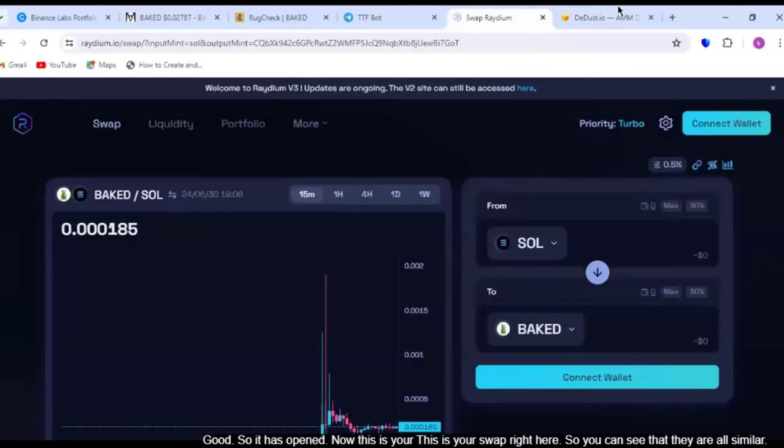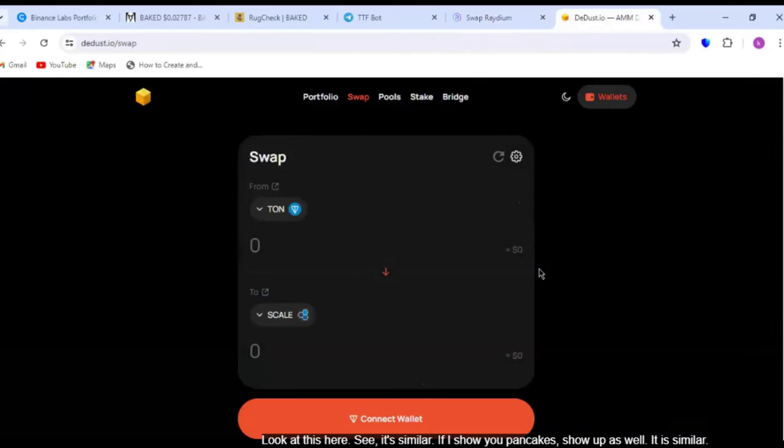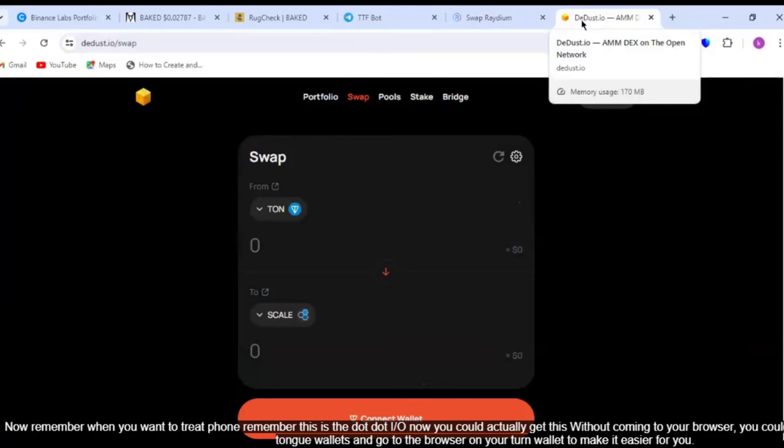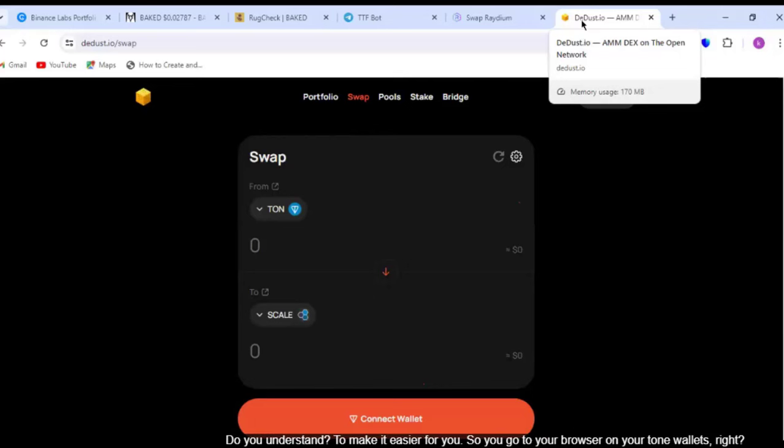So you can see that they are all similar. Look at it here. See, it's similar. If I show you PancakeSwap as well, it is similar. Now remember, when you want to trade Ton, remember this is dedust.io. Now you could actually get this without coming to your browser. You could go to the browser on your Ton wallet to make it easier for you. Do you understand?